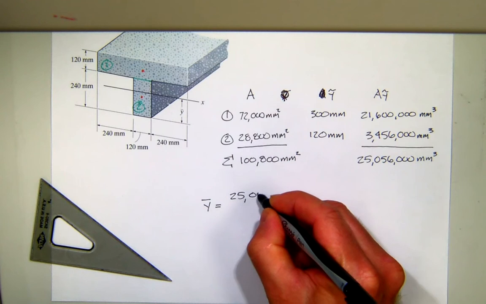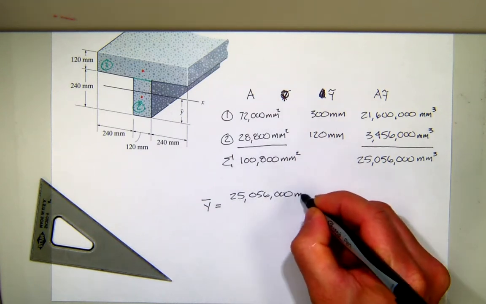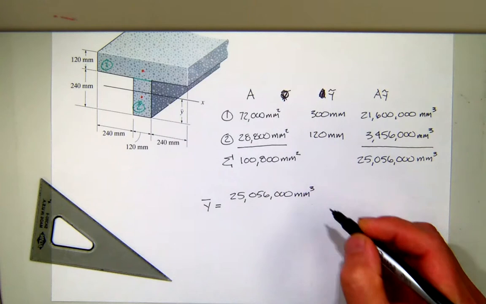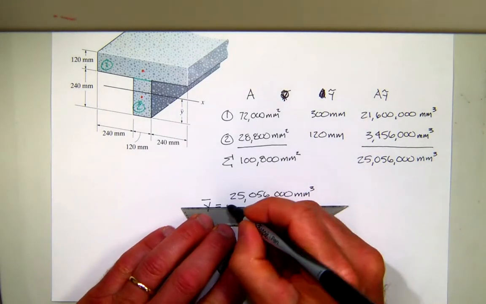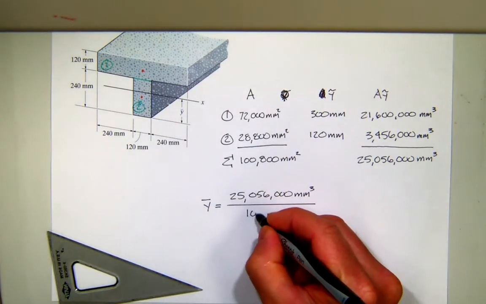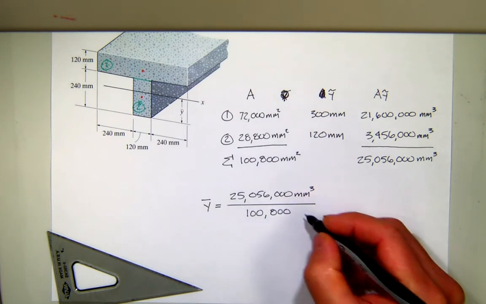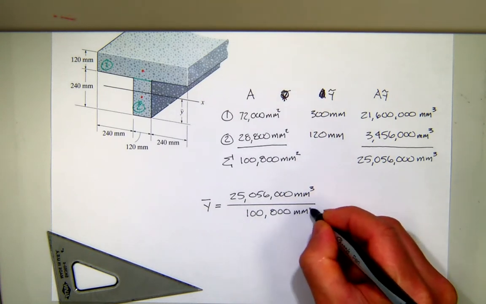So 25,056,000 millimeters cubed divided by 100,800 millimeters squared.